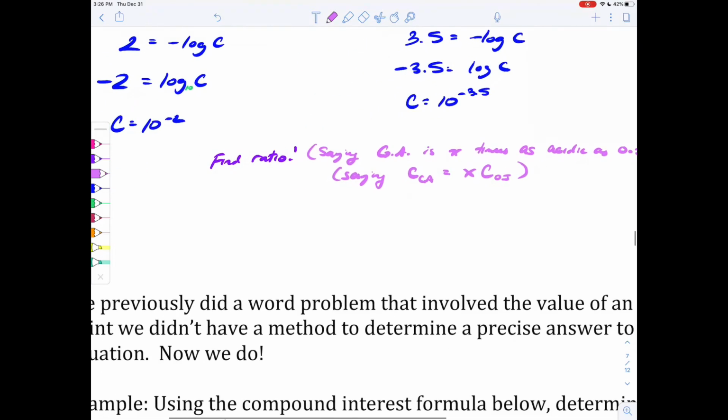So as a result, we're really just trying to say that the ratio is the concentration of hydrogen in gastric acid divided by the concentration of hydrogen in OJ.